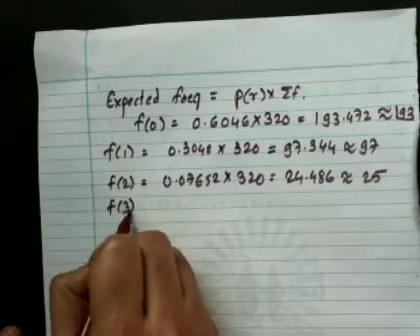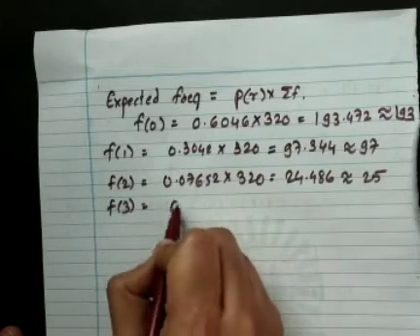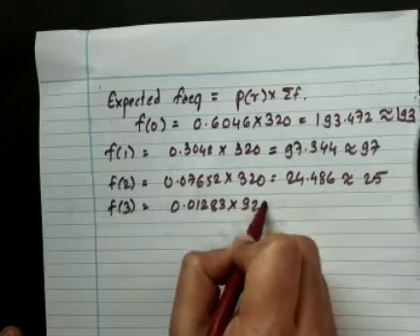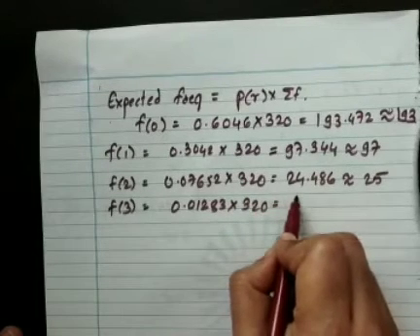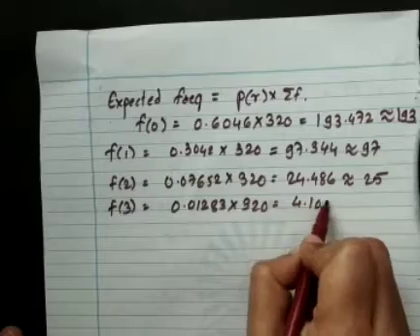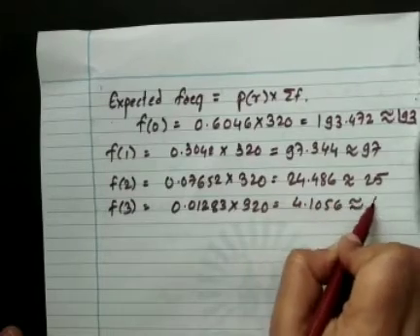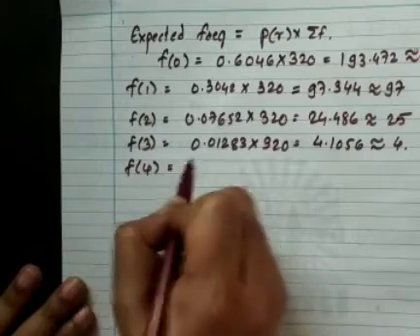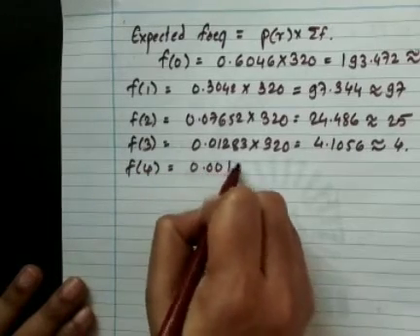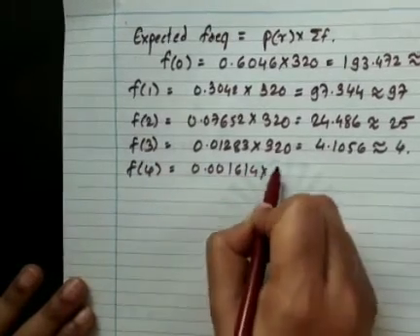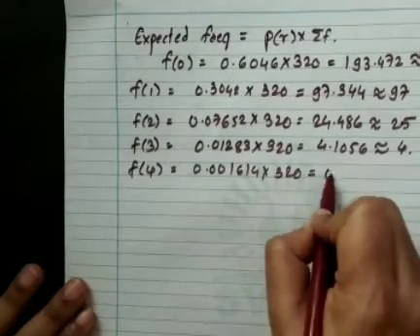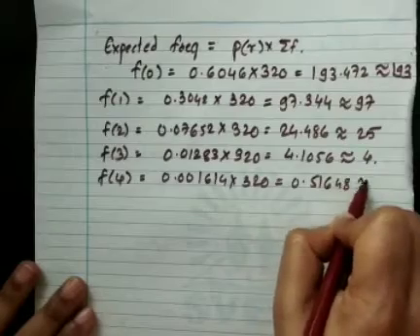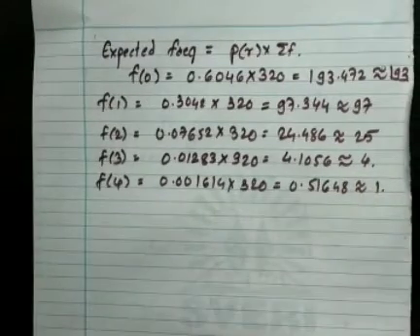And f of 3 is 0.01283 into 320, which is 4.1056, and we'll round it to 4. Lastly, f of 4 is 0.001614 into 320, that is equal to 0.51648, and round it to 1.